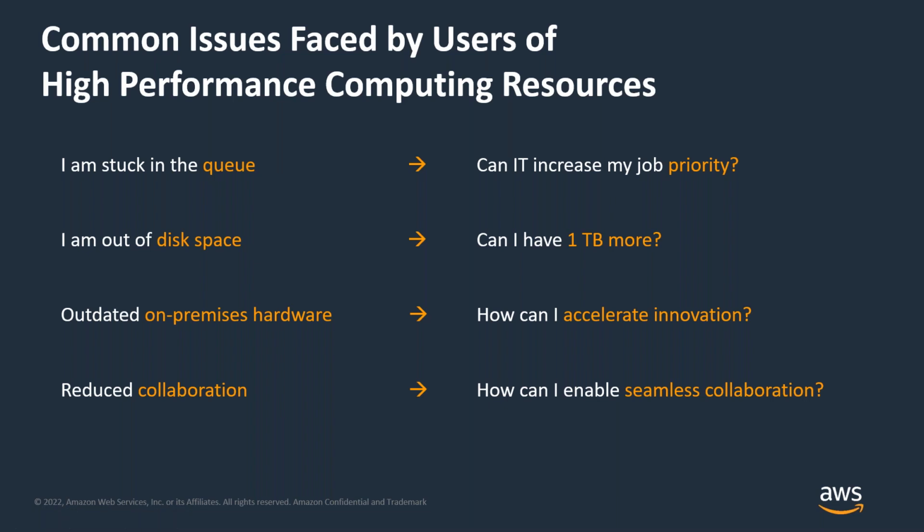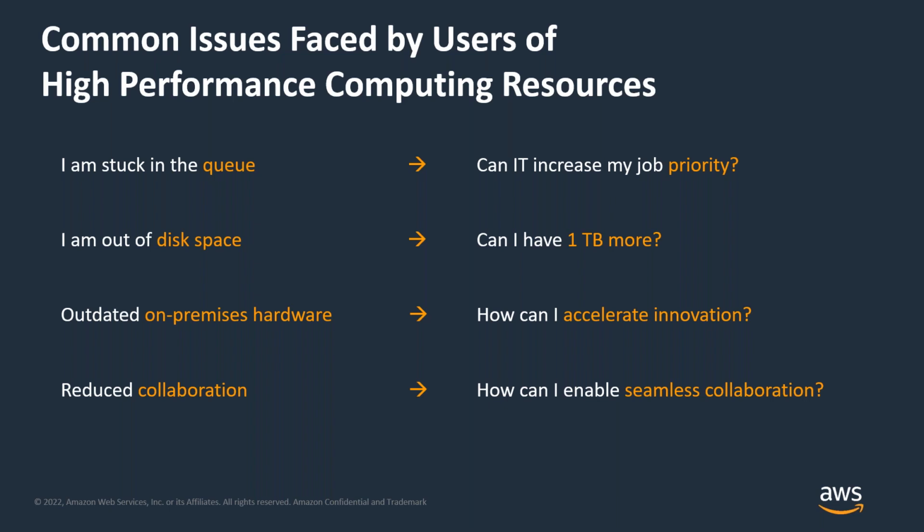So to speed up the simulations, engineers often end up reducing the cell count or changing model parameters so as to fit the problem size to the available compute capacity. This is similar to what Erica mentioned as one of the challenges her team saw. And so this is not ideal for innovation, right?